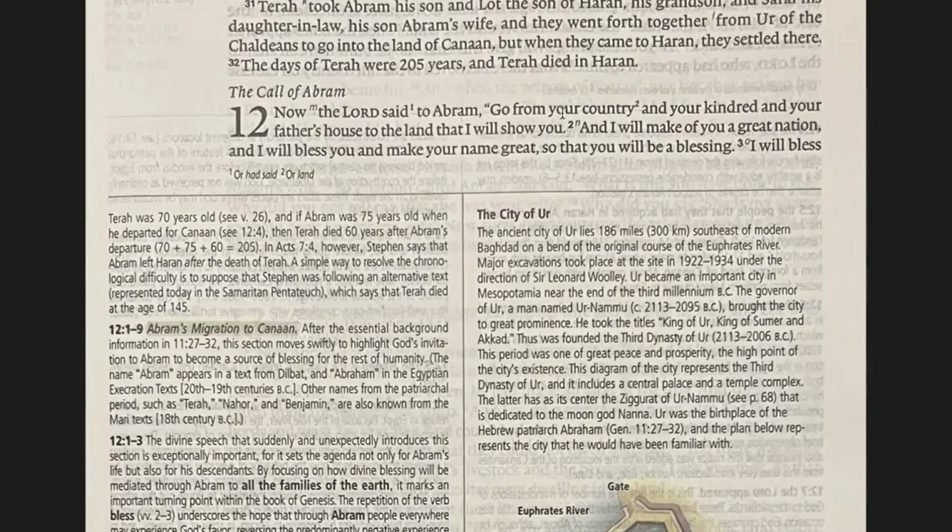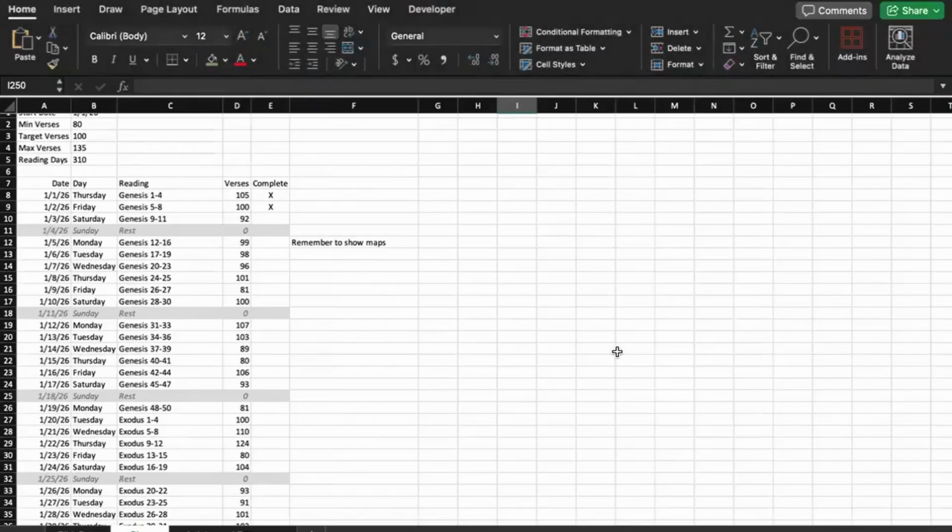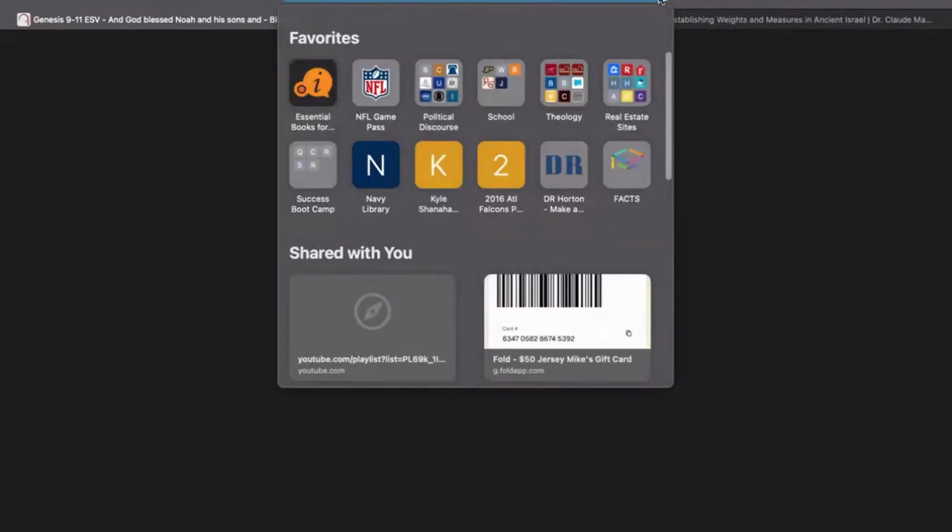Now the Lord said to Abram, "Go from your country and your kindred." When he departed for Canaan, 12:4. And I will bless you and make your name great. We're going to get to chapter 12 tomorrow. Let me pull it up real quick though, because I want to see if there's another way to try to reconcile this.